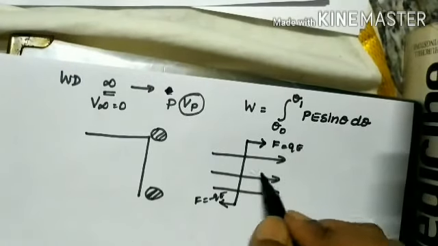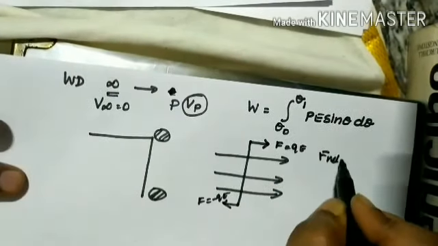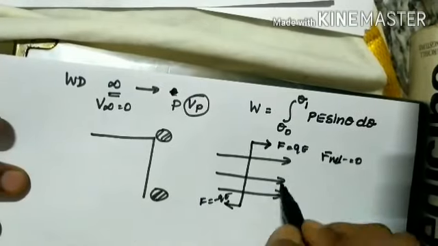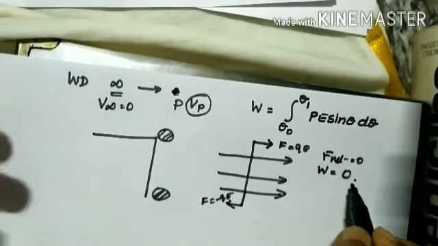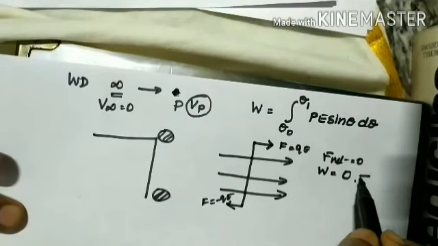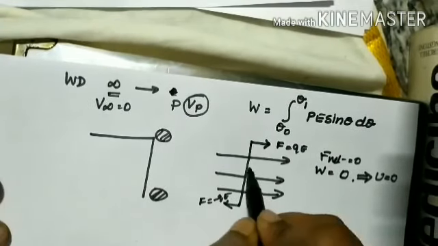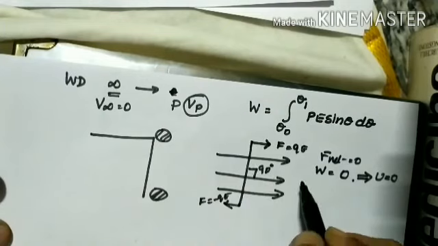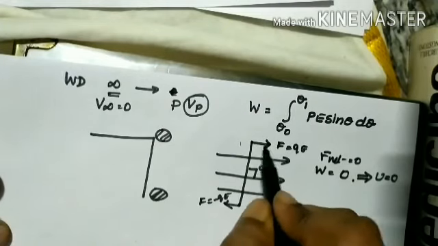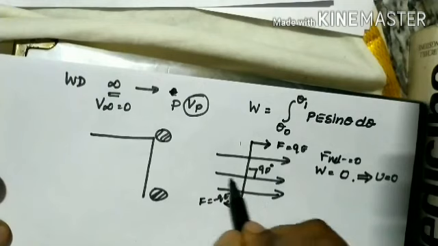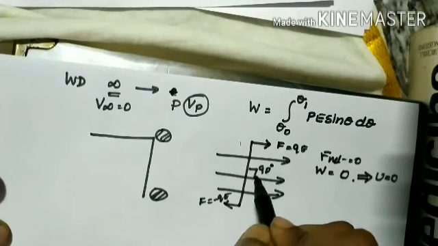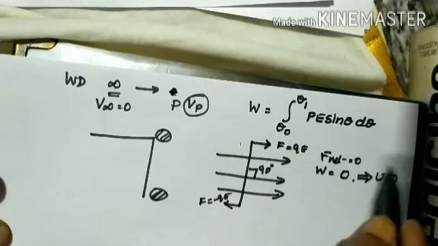At that time, the net force is 0. Right? Net force 0 indicates there is no work done. So there is no work done means there is no potential energy. So this angle is 90 degrees, right? So the angle which the dipole makes with the electric field is 90 degrees when the potential energy is 0.